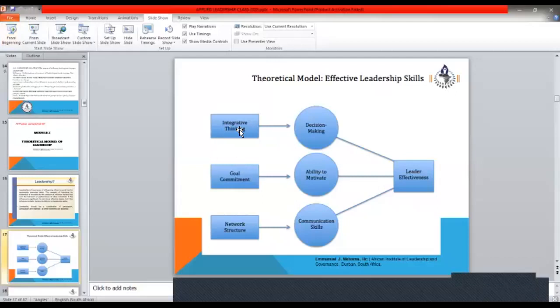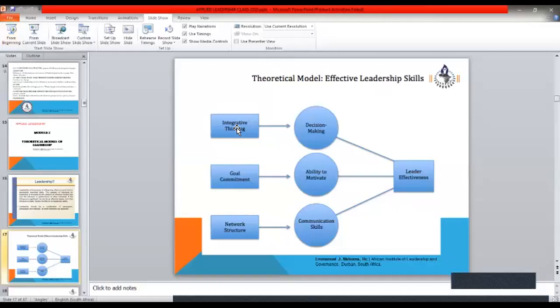So let me move on by stating that integrative thinking is when your leadership analysis is built on the fact that you are able to use your social intelligence to make your decisions. Now, what is integrative thinking?